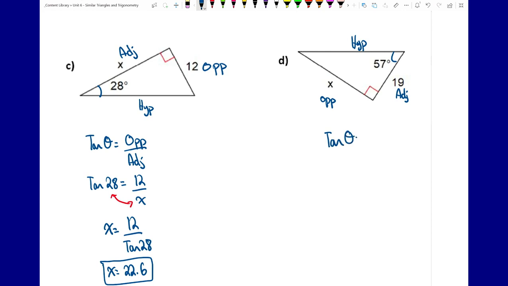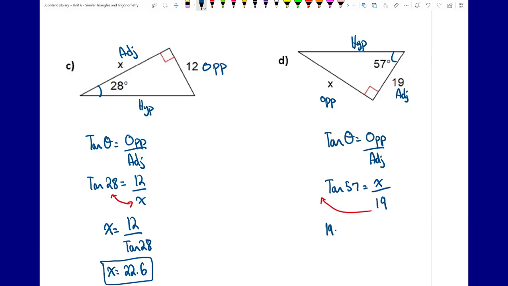We are dealing with tan. It's going to be opposite over adjacent. So tan of my angle, tan of 57, is equal to opposite, which is x, over our adjacent, which is 19. Similar to our last one, we said, okay, if I want to get x by itself, I'm going to bring 19 up and multiply it.